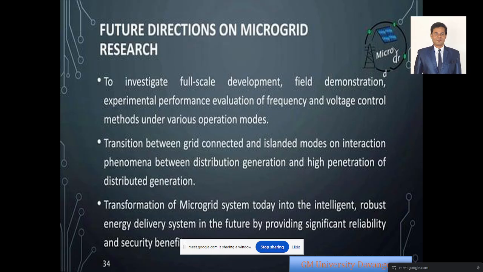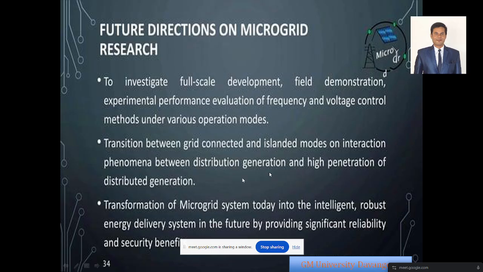All right. If you think about the future, we have to do a lot of research, right? It is good to have a lot of research to reduce the cost of the microgrids. All right. So I'll just wind up the classes. We are almost at the end of the 3 hours, so I'll try to finish up.